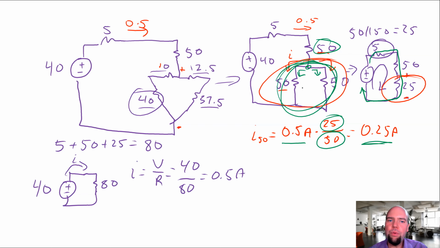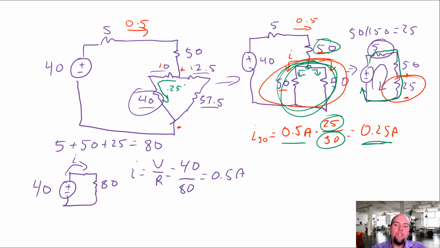So now that I know I have 0.25 amps flowing through that 50, that means I had 0.25 amps flowing through that whole branch here, right? The 10 and the 40 are in series. Sorry, I just bumped the mic. We know there was 0.25 amps flowing through it, and because they're in series, the current through them is the same, 0.25 amps.